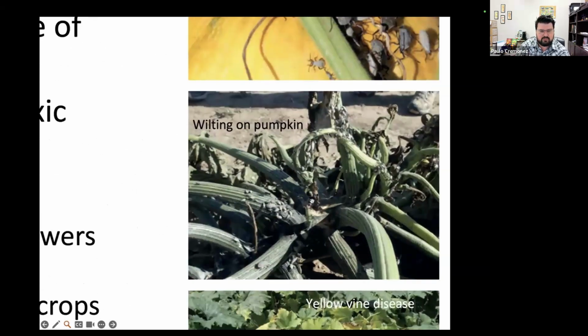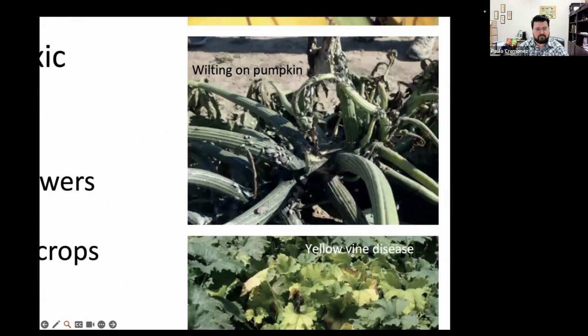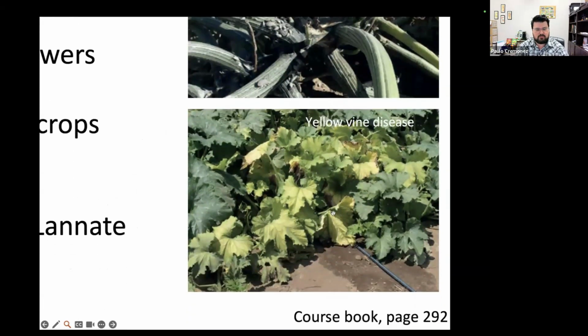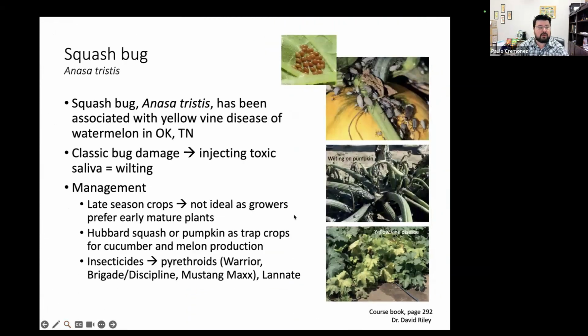This is a very, very high activity of squash bug in pumpkin, and this is the yellow vine disease that they can be transmitting. For management, the late season crops are not ideal for growers.